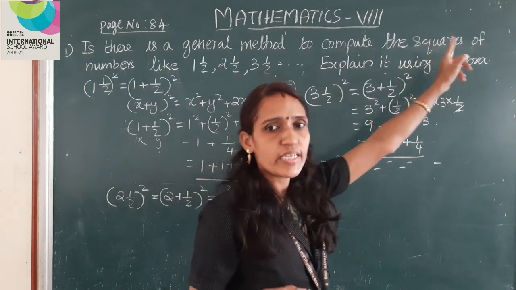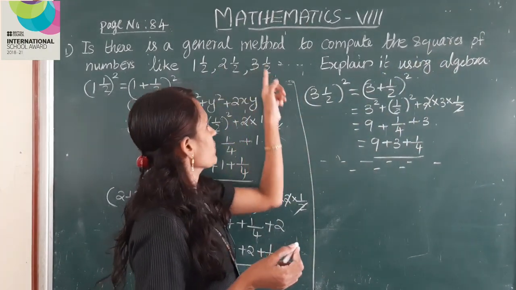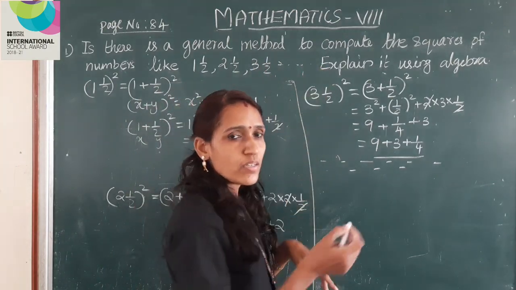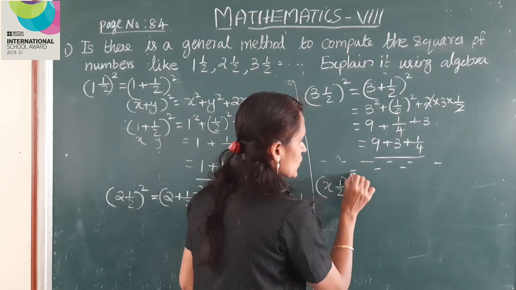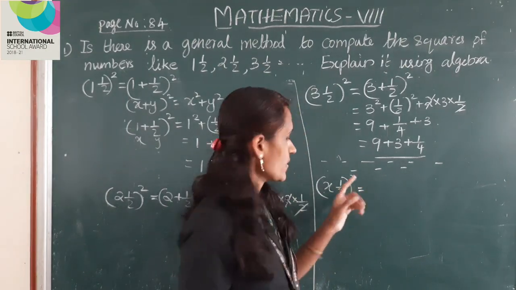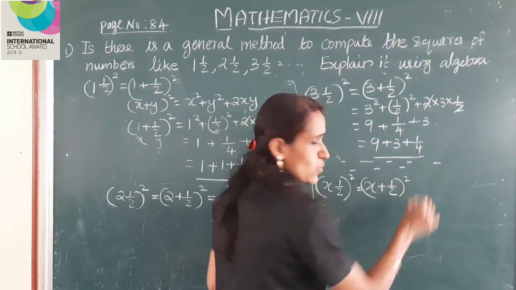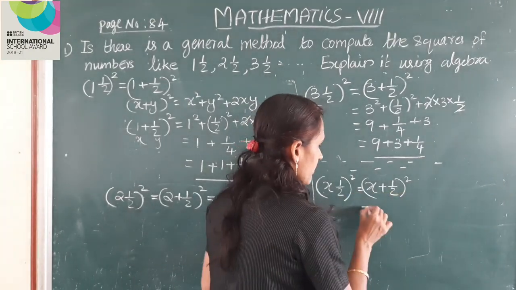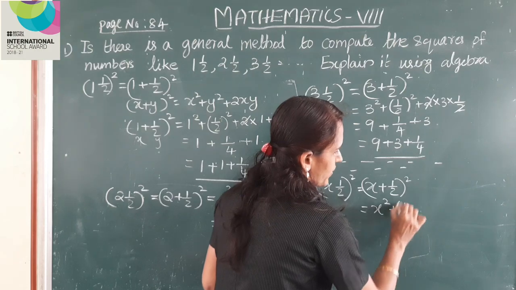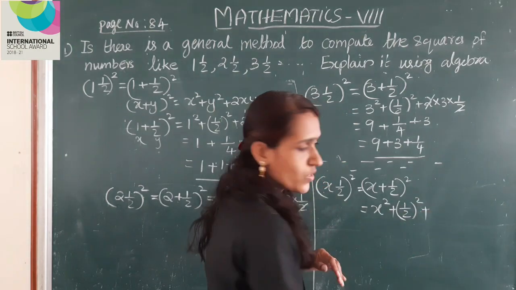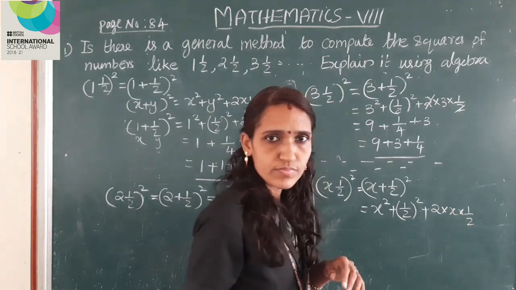Explain it using algebra. So 1 1/2, 2 1/2, 3 1/2, etc. In algebra we can write it as (x + 1/2) whole square. This is equal to (x + 1/2) whole square. Again using the identity, x square plus y square, (1/2) whole square plus 2 into x into 1/2.